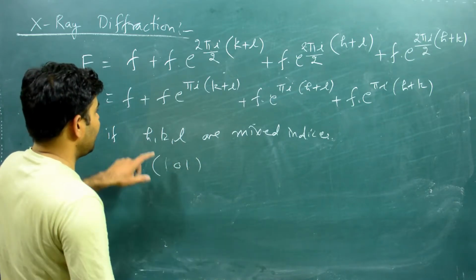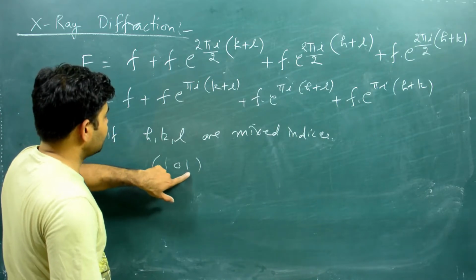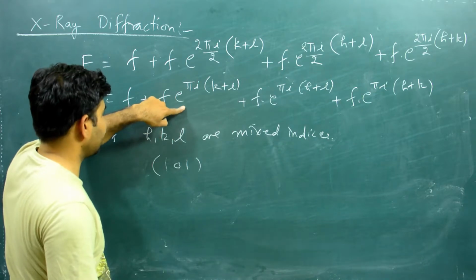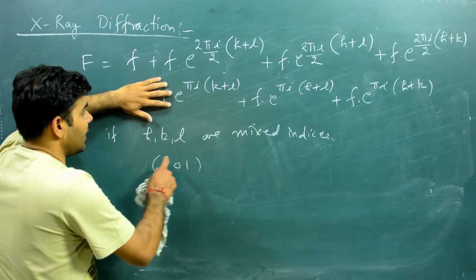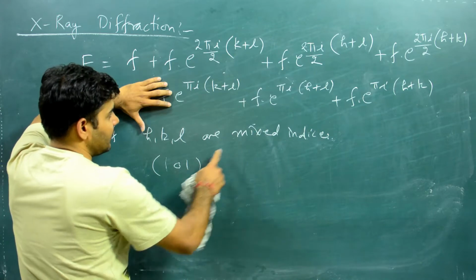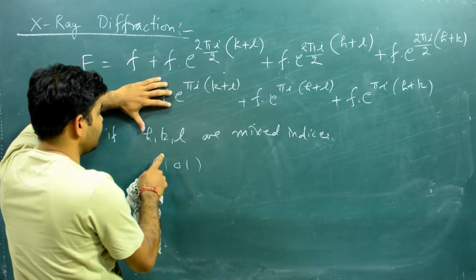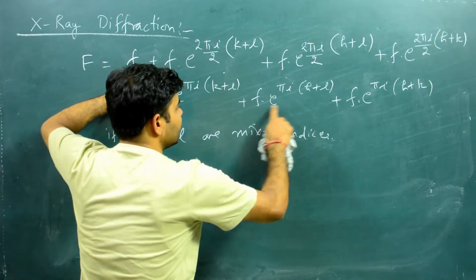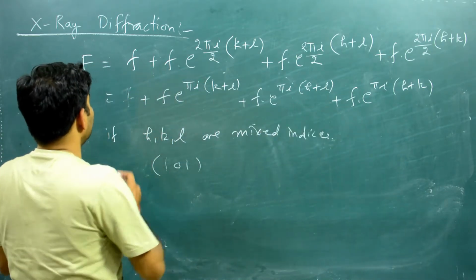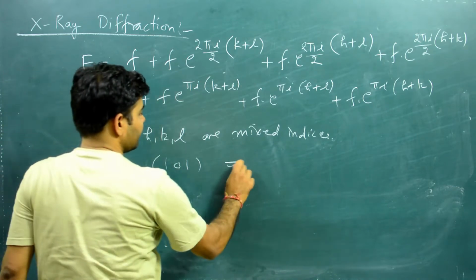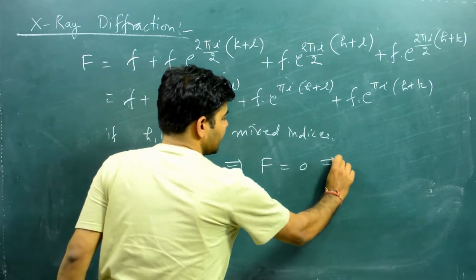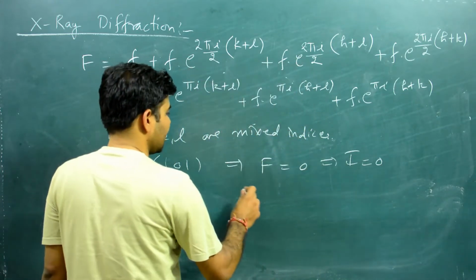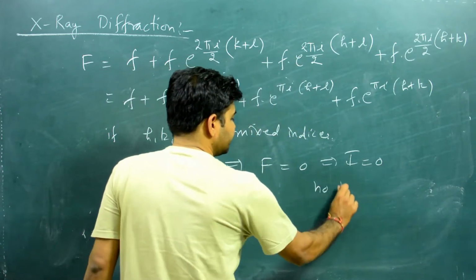In that case k plus l is 0 plus 1, that is odd, so this gives minus f. For h plus l, 1 plus 1 is even, so this gives plus f, and h plus k gives again odd, so this is minus f. So this cancels out that, and exactly this capital F would be 0 in that case. It means the intensity would be 0, no Bragg reflection.